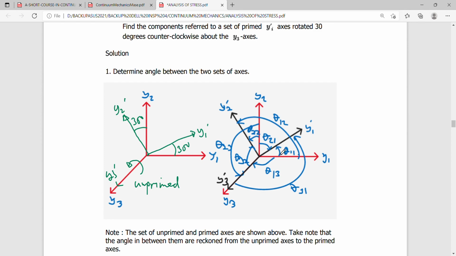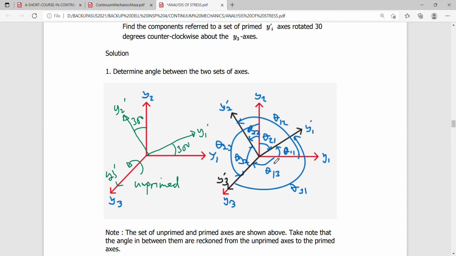So that's theta 11, while theta 12 is simply coming from this red y1 to the black y2 prime. And theta 13 is coming, again, from the red y1 to the black y3 prime. So it's reckoned always from here to here.